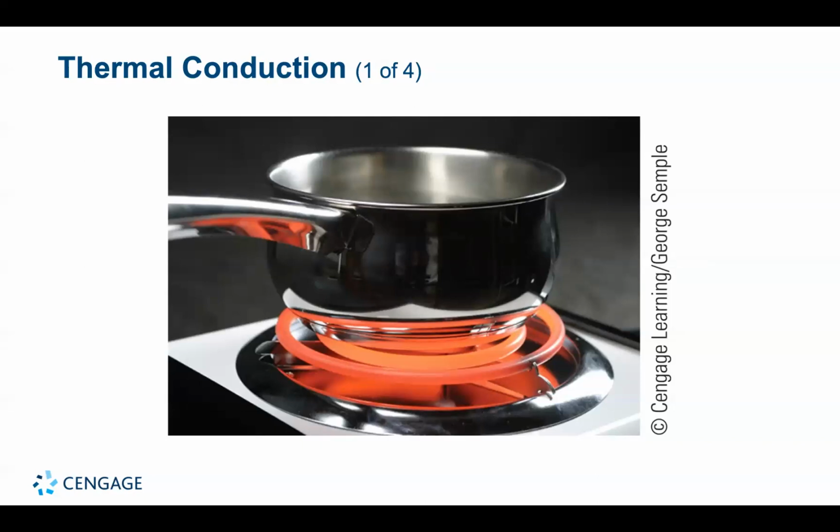In a good conductor like copper, conduction takes place through the vibration of the atoms and the motion of free electrons. Materials like asbestos, cork, paper, and fiberglass are poor thermal conductors. Gases are also poor thermal conductors because of the large distance between their molecules.